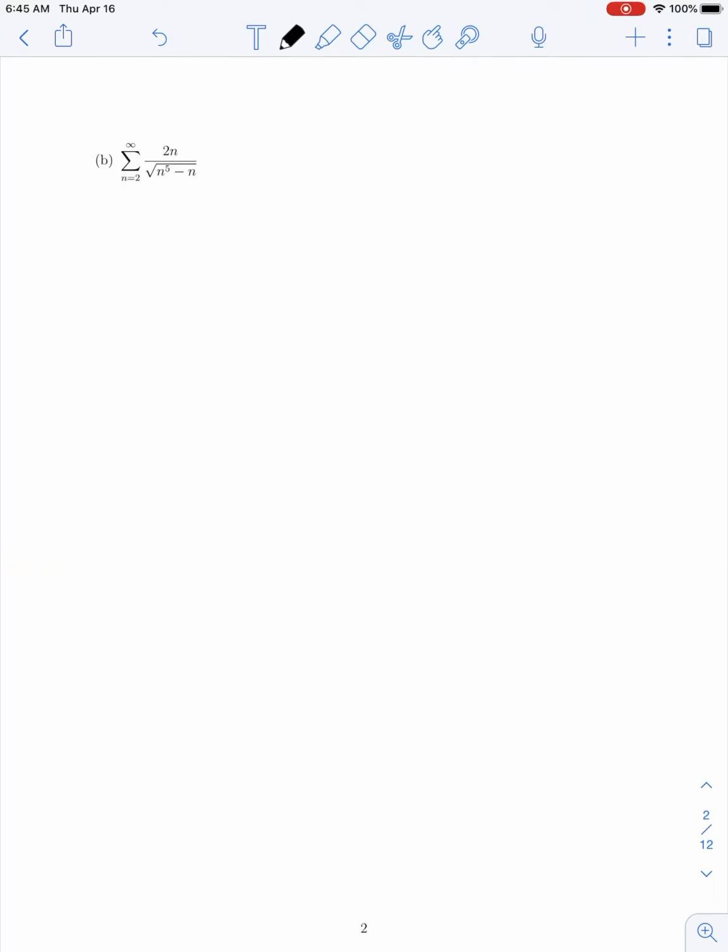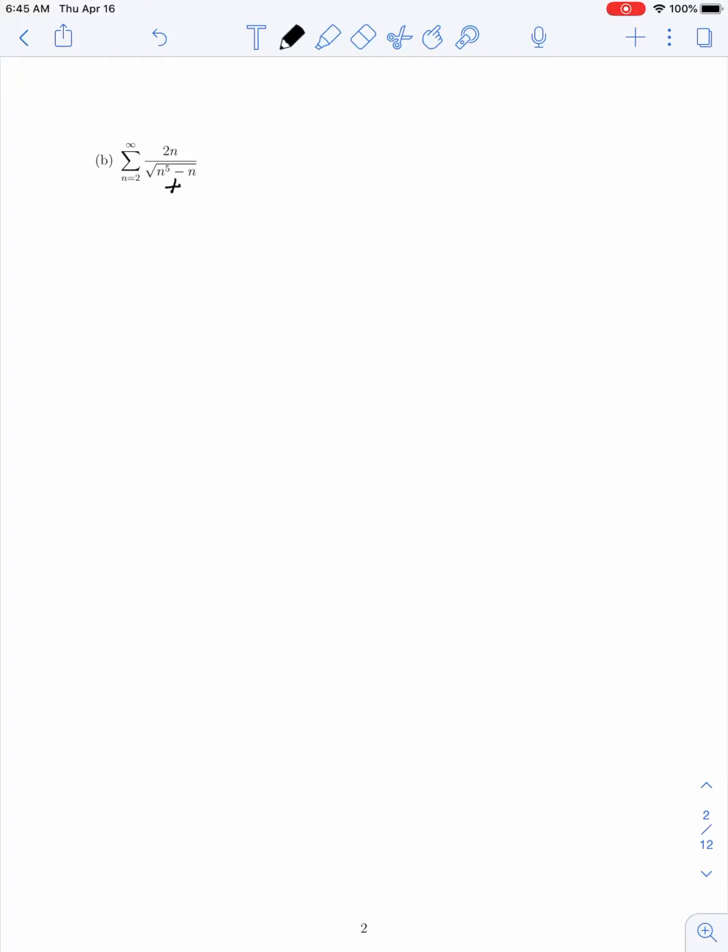In part B, we have the sum from 2 to infinity of 2n over the square root of n to the 5th, and this should be a plus n instead of minus n. I had made a typo in the notes there. So again, we see that this series is sort of similar to a p-series.